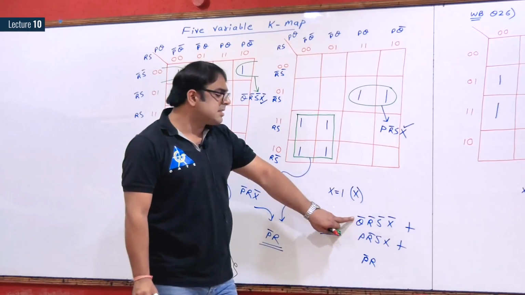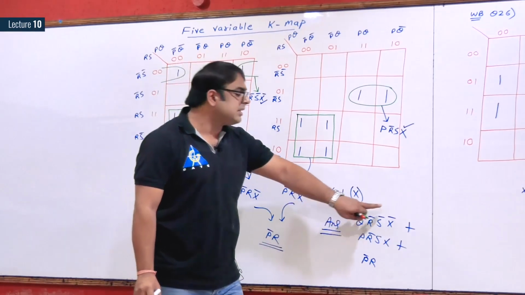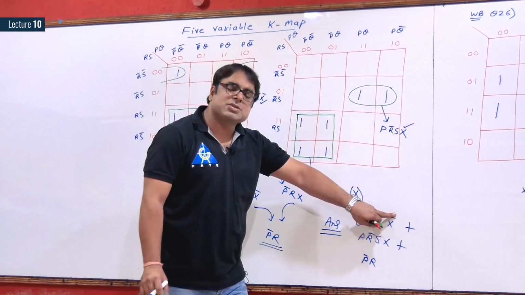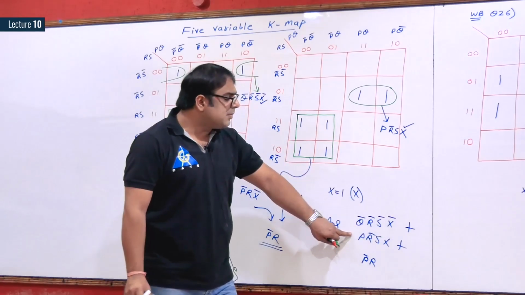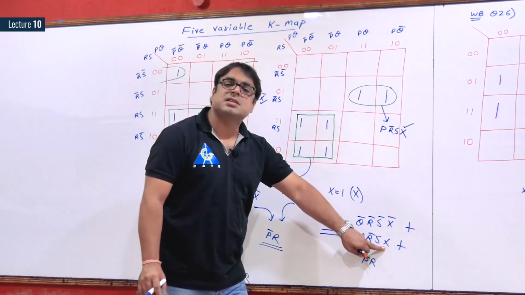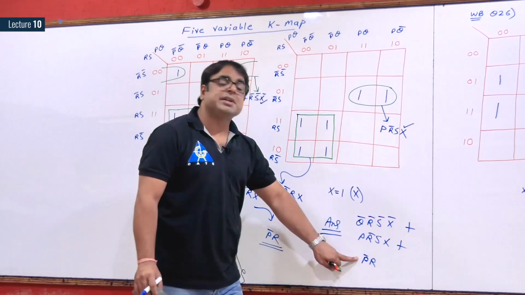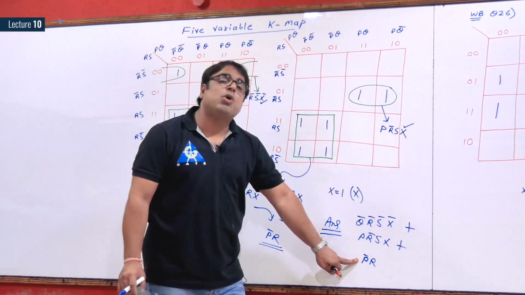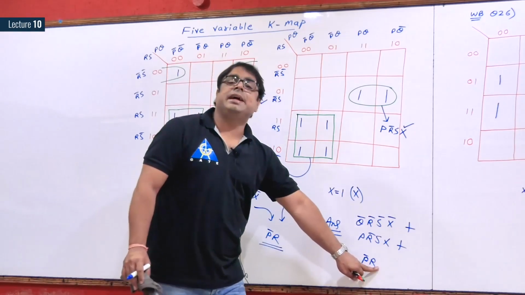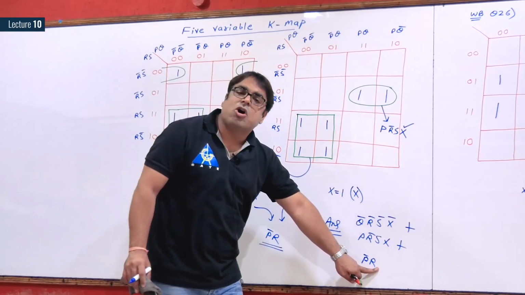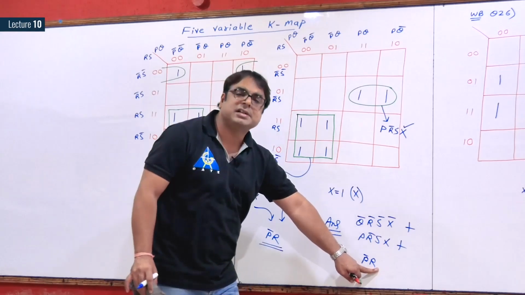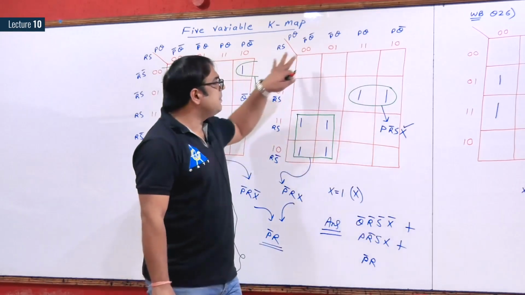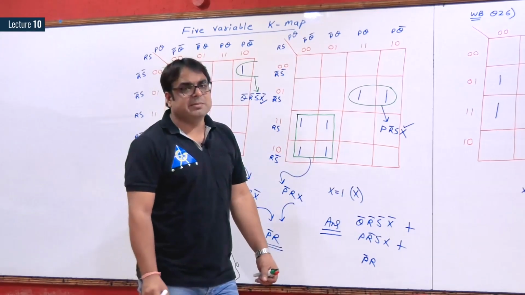If the term is with x complement, write x complement. If the term corresponds to x, write x. If exactly the same term is present in both K-maps, don't write x or x complement, because x plus x complement will get reduced. This is the basic concept of the 5 variable K-map.